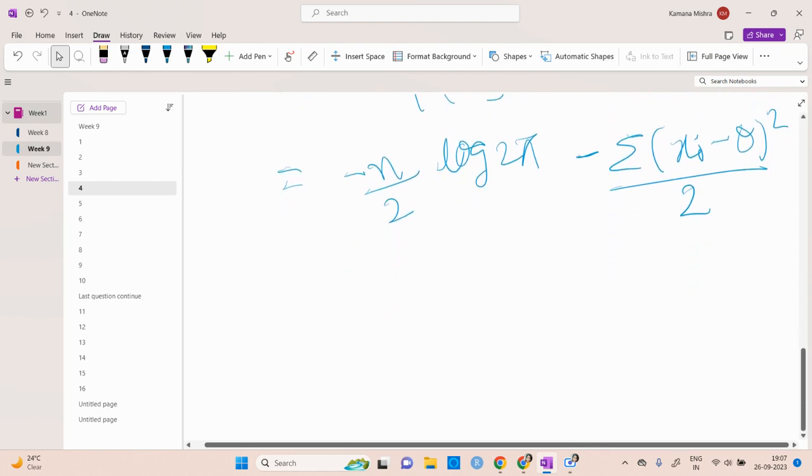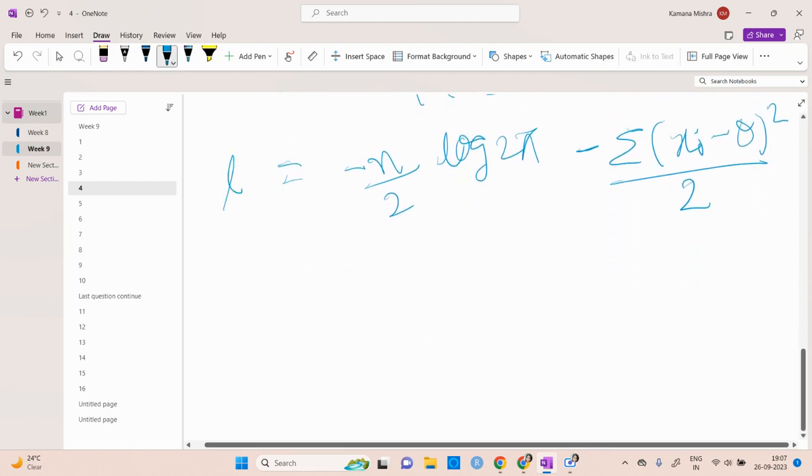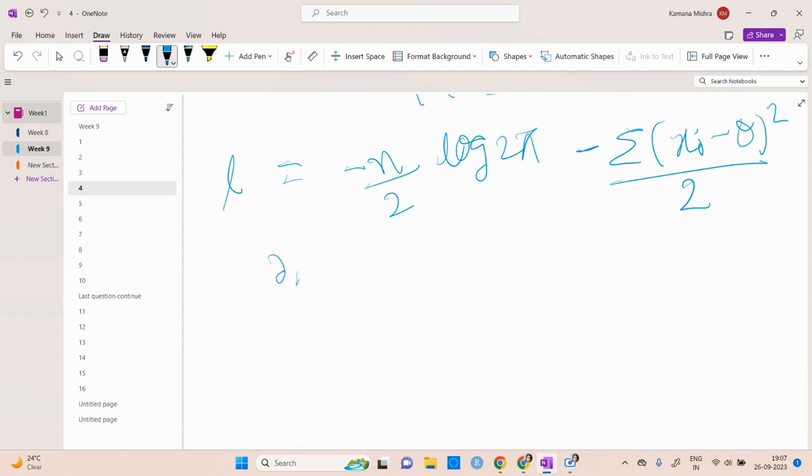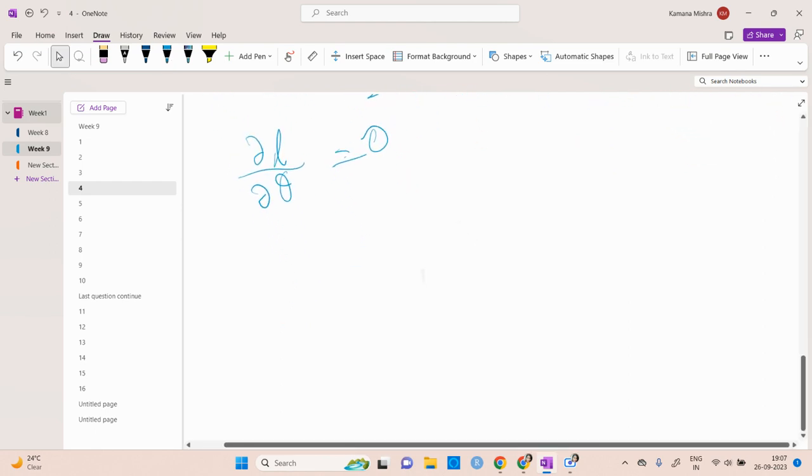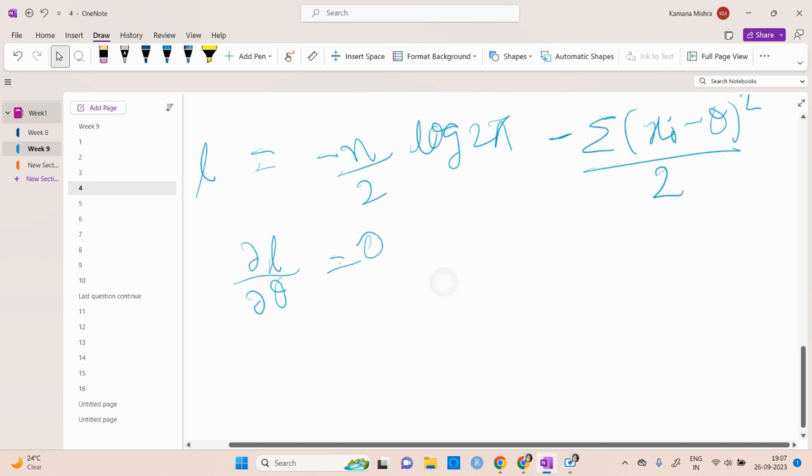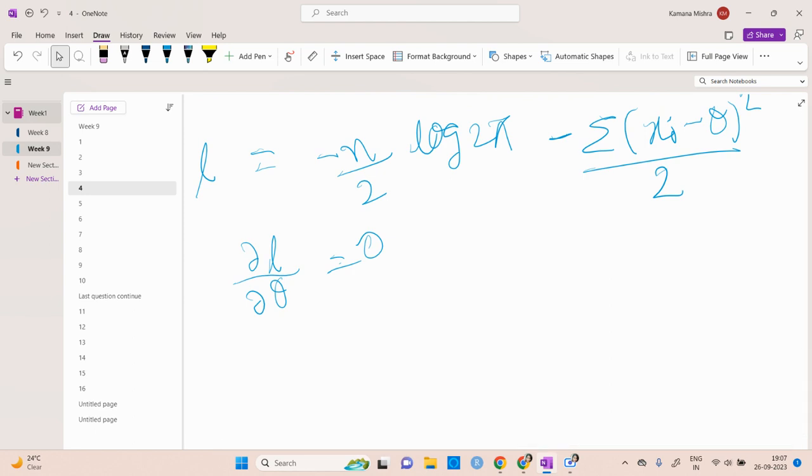Now what we want to find is the maximum likelihood estimator, and to do that we set del l del theta equal to 0. Simple, right? Here in this part there is no theta; only in this other part is theta.